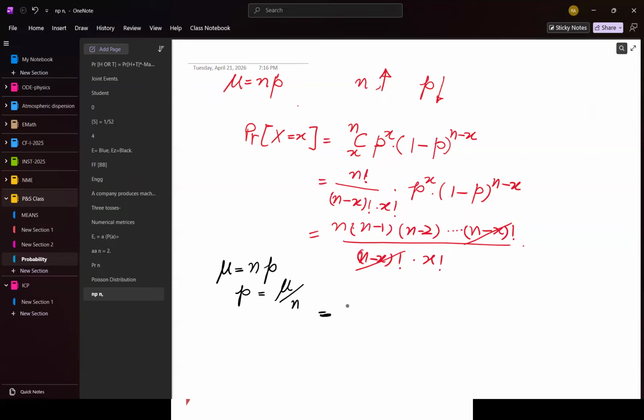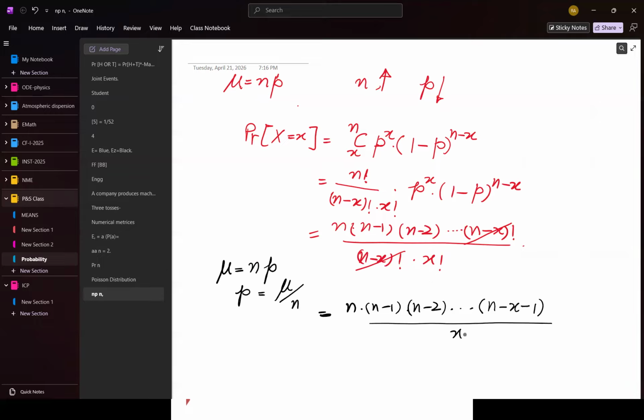So here it is n times n minus 1, n minus 2, times the final member which is going to survive here. It will be 1 unit higher than x, so it will be n minus x plus 1.